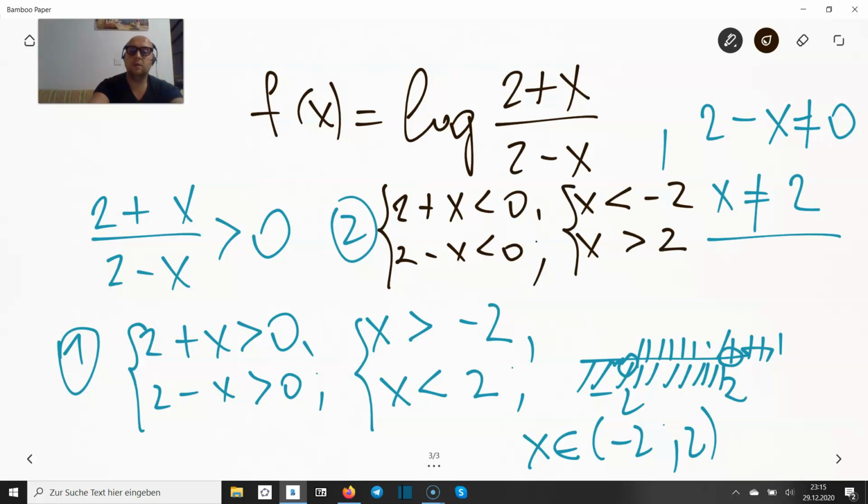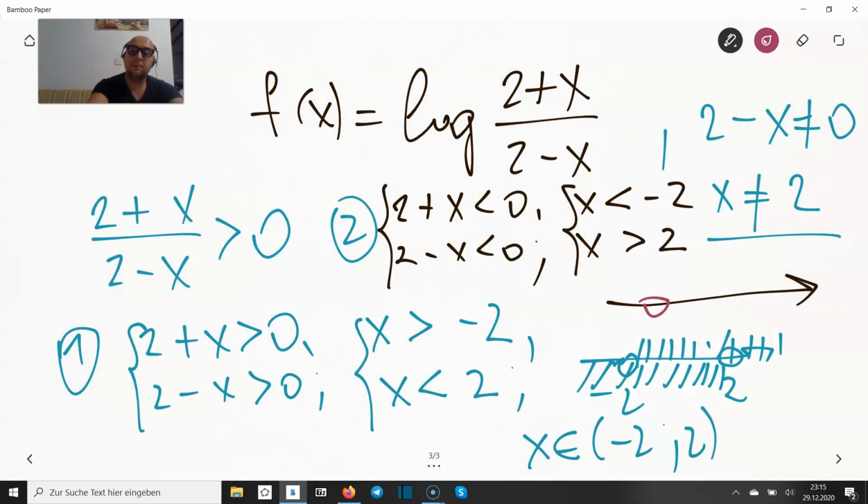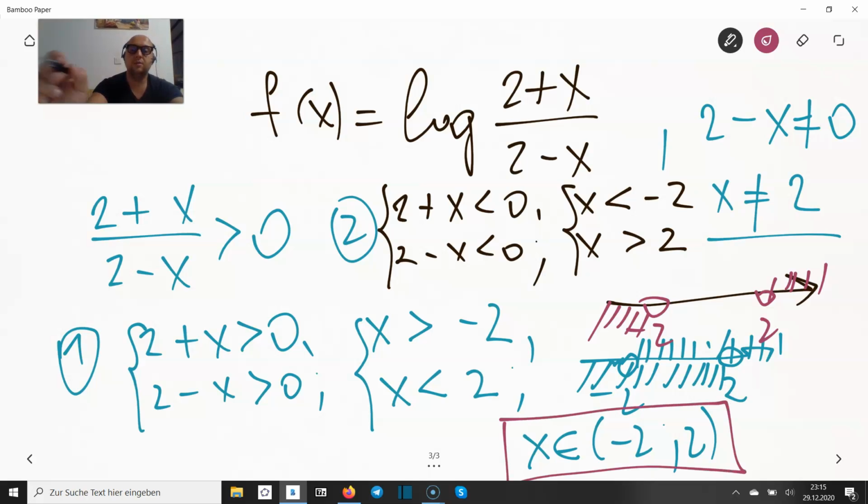Is that possible? Well, we want to have it at the same time. Less than minus 2 means we're here, and bigger than 2 means we're there. Well, they never meet, so it's not working. So the whole domain is from minus 2 to 2.